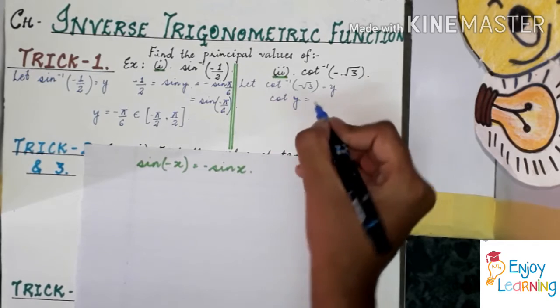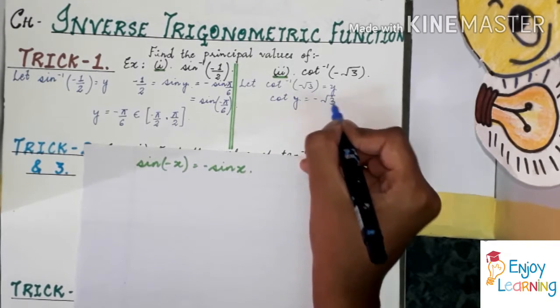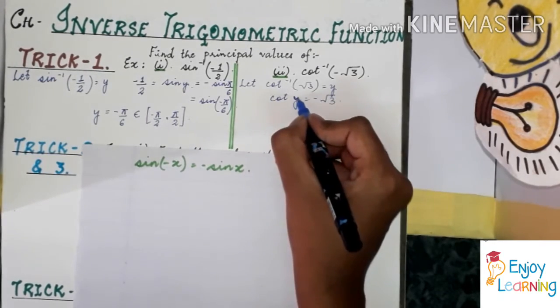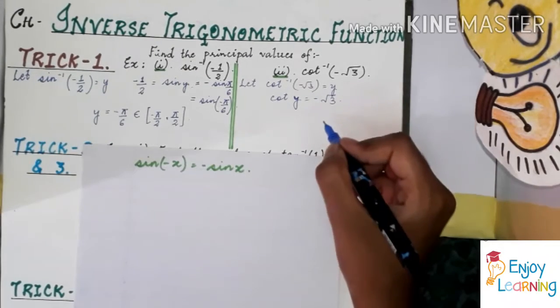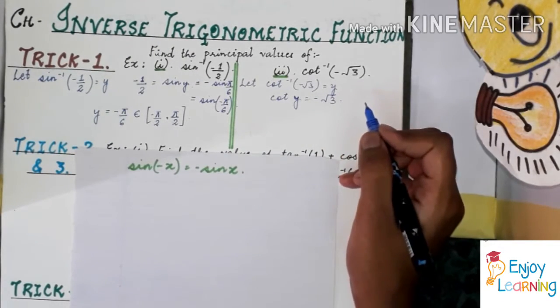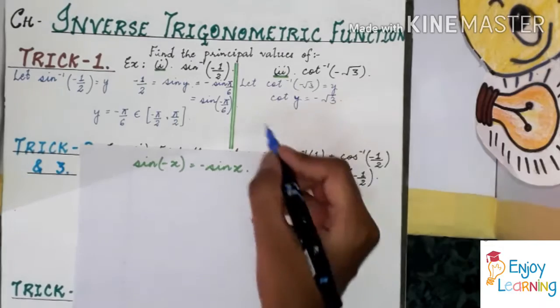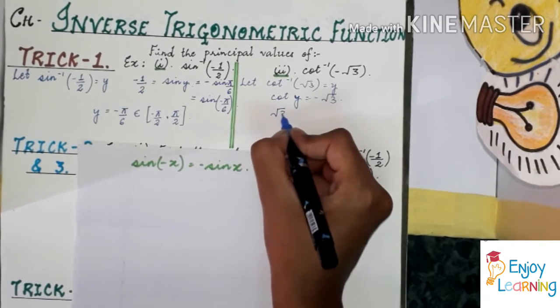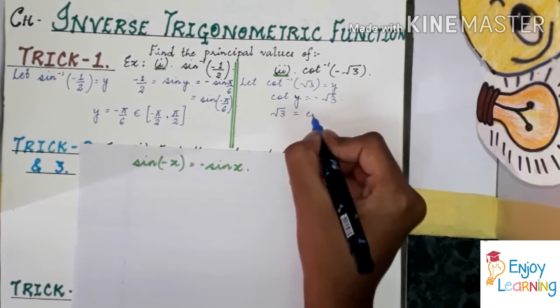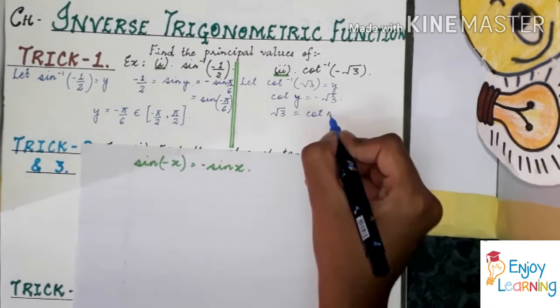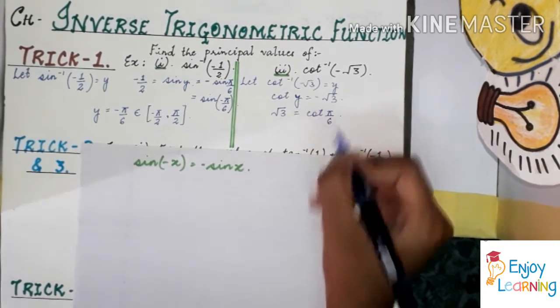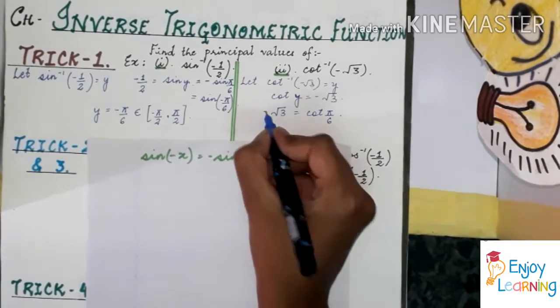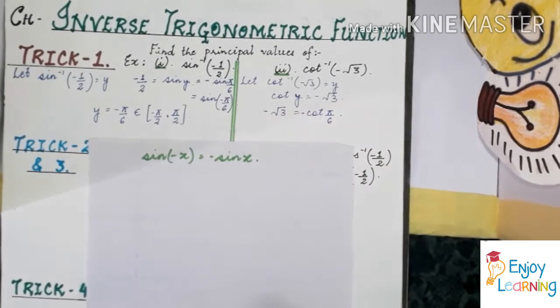So cot y is equal to minus root 3. Now, when is cot root 3? You have root 3 at cot pi by 6. So minus root 3 at minus cot pi by 6.